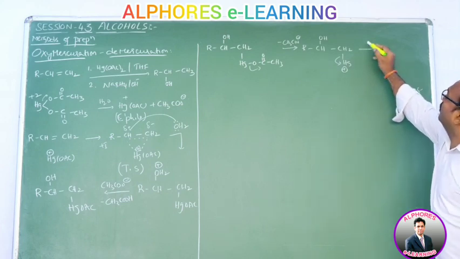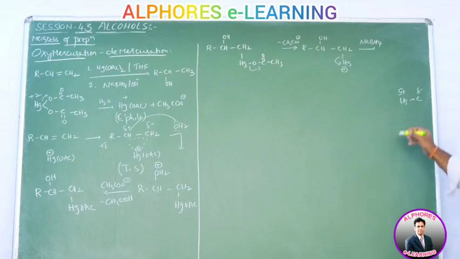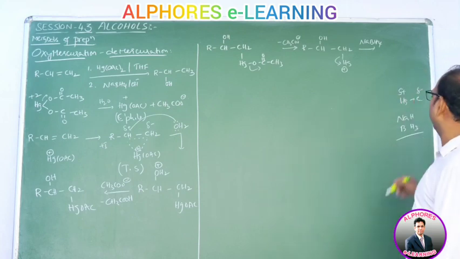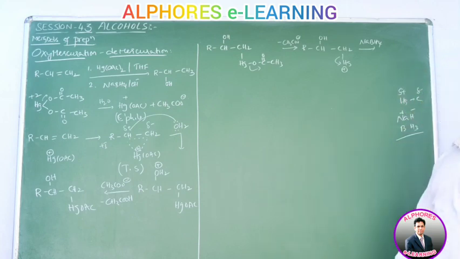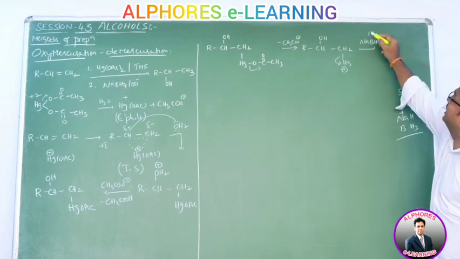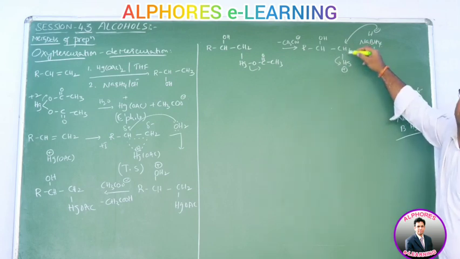Here I am going to use sodium borohydride, NaBH4. This NaBH4 we know very well: NaH and BH3, a complex of sodium hydride and borane BH3. In sodium hydride there are Na plus and H minus. So when we use NaBH4, this H minus approaches from the rear side with respect to the leaving Hg plus.